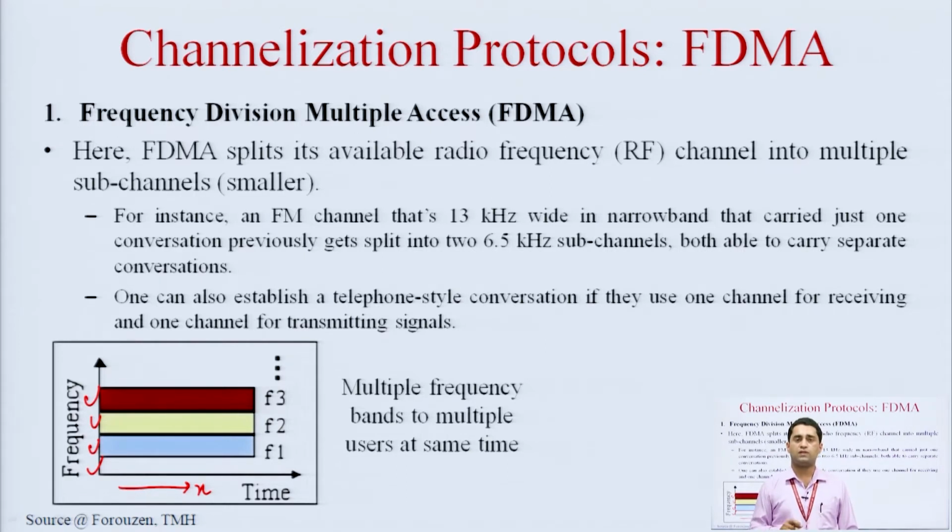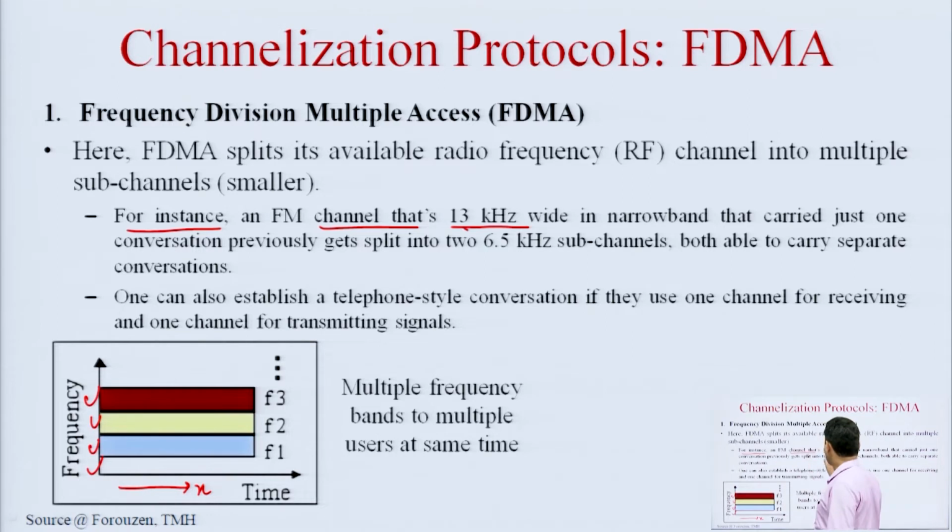This is the simplest and traditional approach which we use in networks: frequency division multiple access. In this, for instance, suppose the frequency band is 13 kilohertz and we are dividing it among the users. Suppose there are 2 users, so this frequency band is divided into 2 parts.